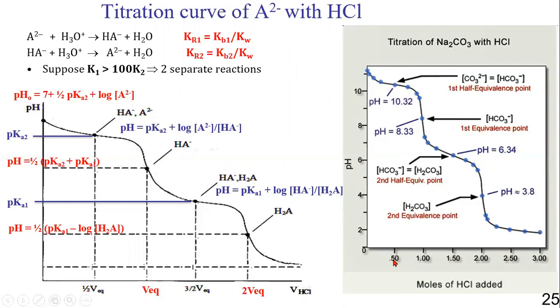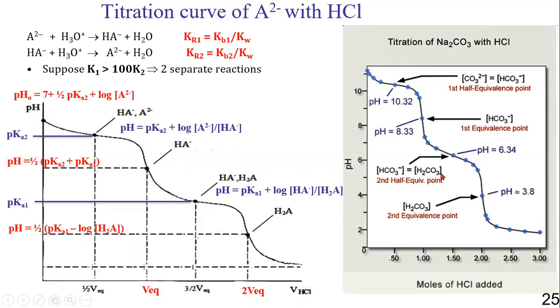If we have here half equivalence, at half equivalence, what is the pH? Yes, that's equal to pKa2. So that's going to be pKa2, which is 10.32. What else, what other value can I put right away?